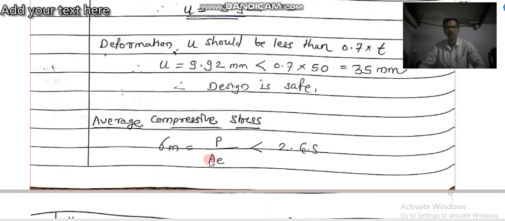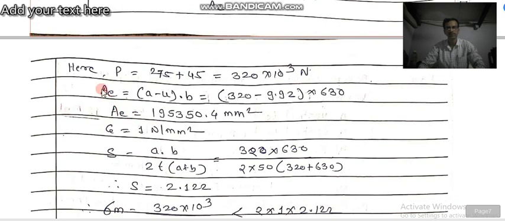Let's move towards the next step, that is average compressive stress, given by sigma m is equal to P by A must be less than 2 times GS. So here P is 275 plus 45 equal to 320 into 10 raised to 3 Newton. Effective area is given by (A minus U) times B, equal to 320, that is A, minus U, 9.92 mm, multiplied by B, 630 mm.